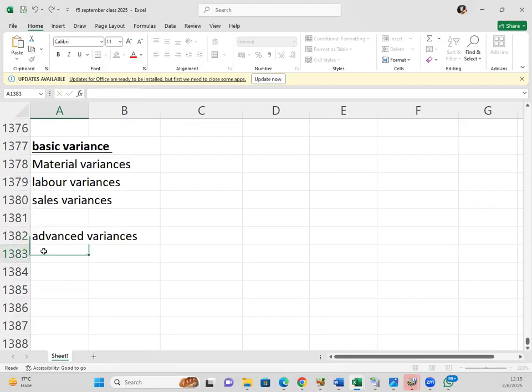The material variances are advanced to the material mix and the material yield. So it is the material variances which we further advance to material mix and yield.